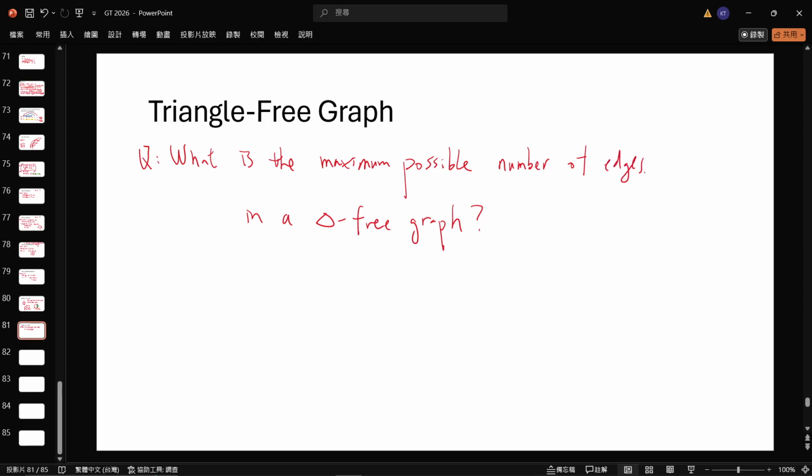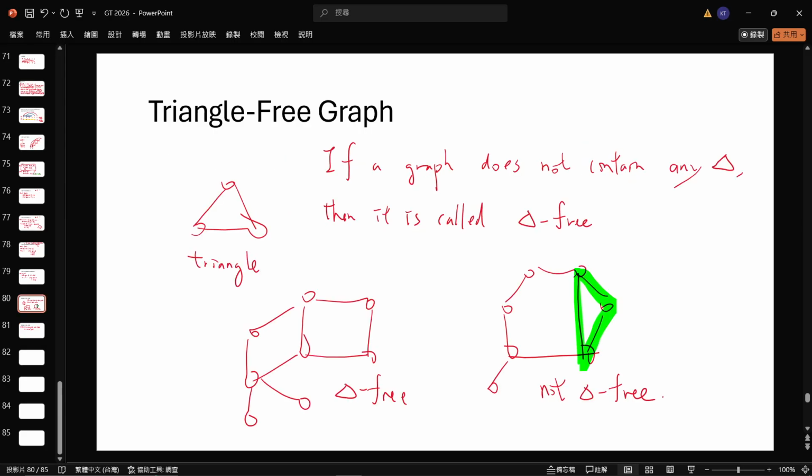The reason that we care about this maximum is because if you keep adding edges, eventually you're going to find triangles.